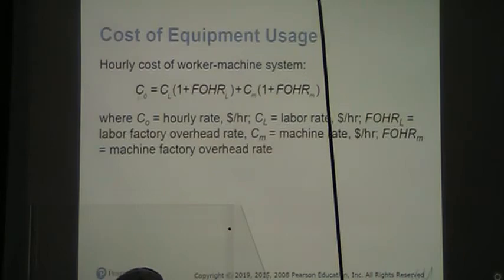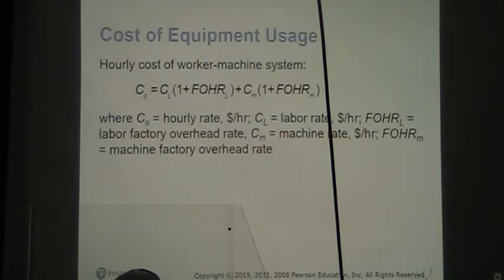All right, so C sub O equals our labor rate times 1 plus the factory overhead rate for labor, plus the cost of the machine in dollars per hour times 1 plus the factory overhead rate for machines. All right, easy enough.